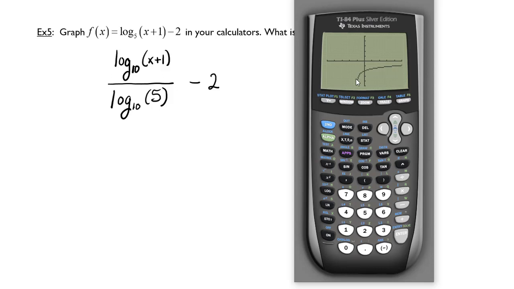Now you could have probably figured out that this should be the behavior of the function just by transformations, because log base 5 of x, the generic version, is similar in shape.